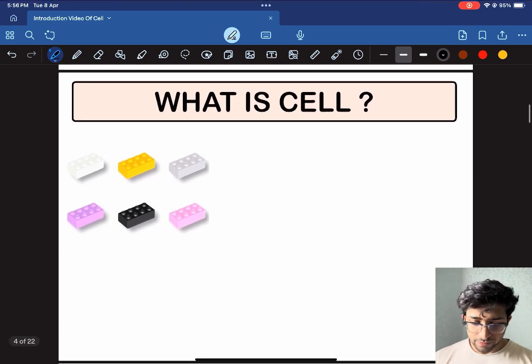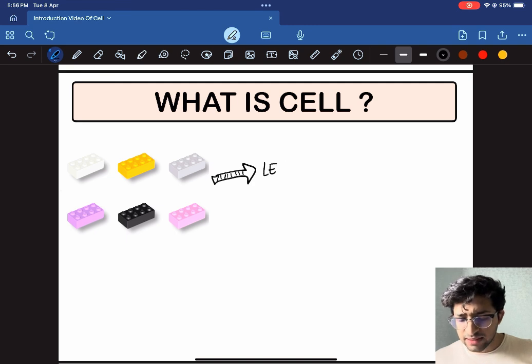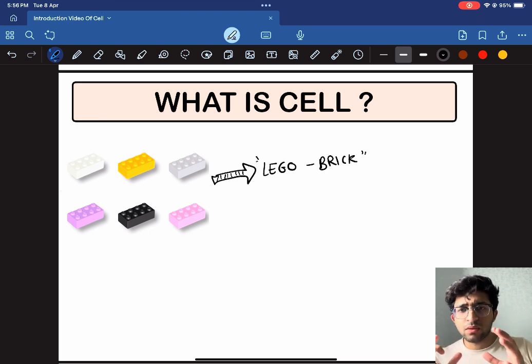Firstly, to our topic, what is the cell basically? Let's think of the cell as a Lego brick, the small Lego brick which we all used when we were toddlers.